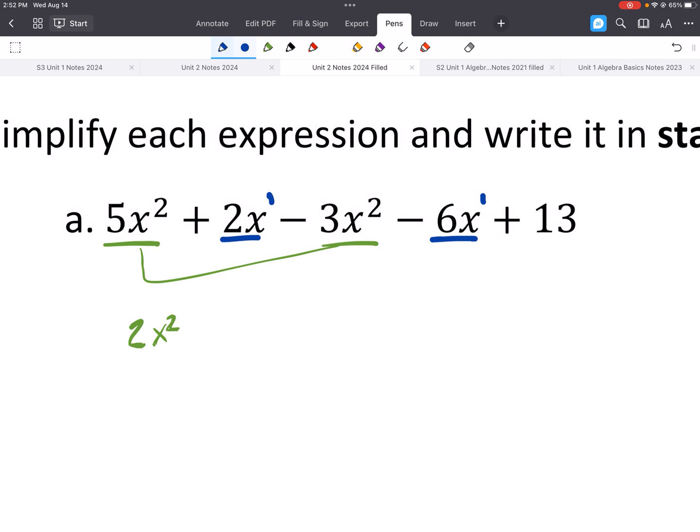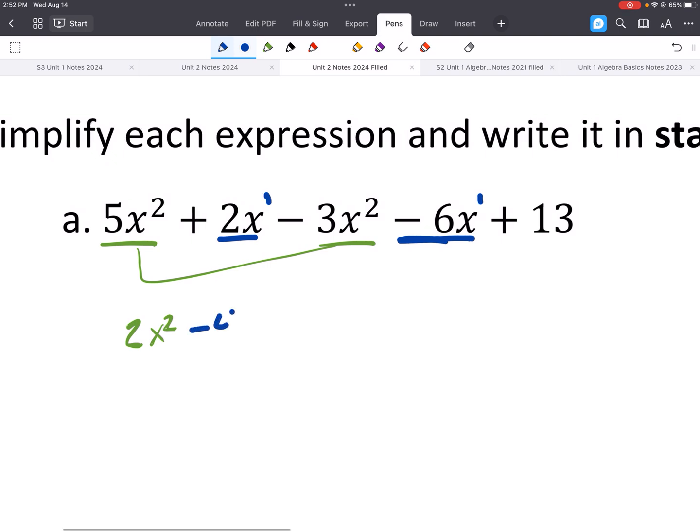So what is 2 subtract 6? That would give us negative 4x. All right, and then all we have left is our constant. Our constant here is plus 13. If you have something that doesn't have any like terms, then we're just going to write it down.